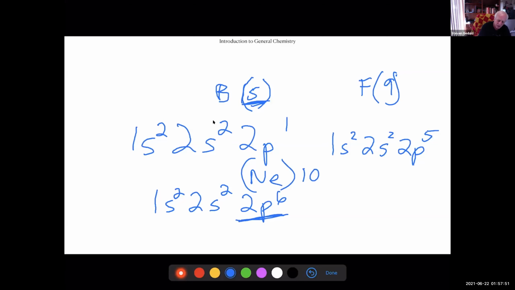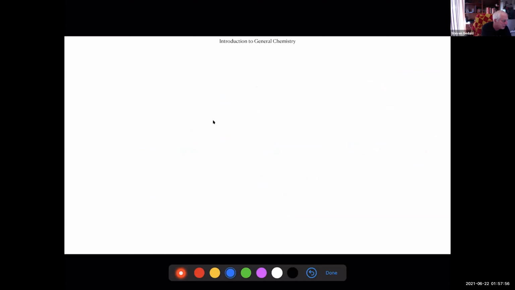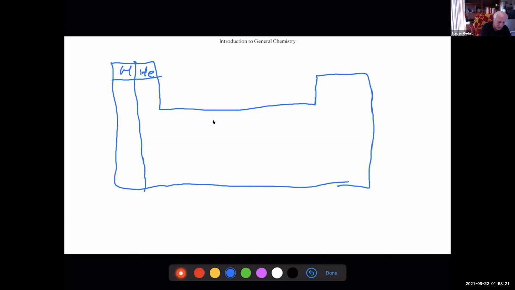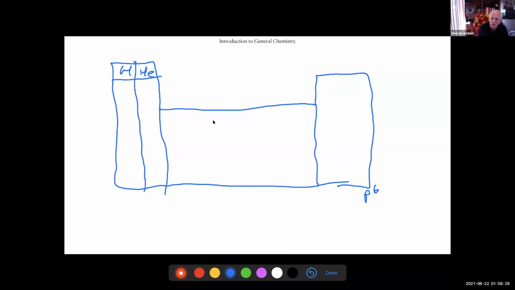Okay, let me try to draw another periodic table. I'm not real good at drawing, but here's your periodic table. I slid helium over here for this purpose. These always end on something p6, whatever the energy level is.